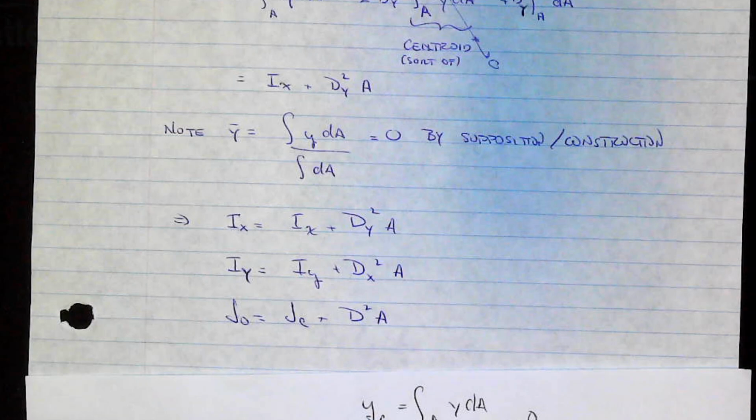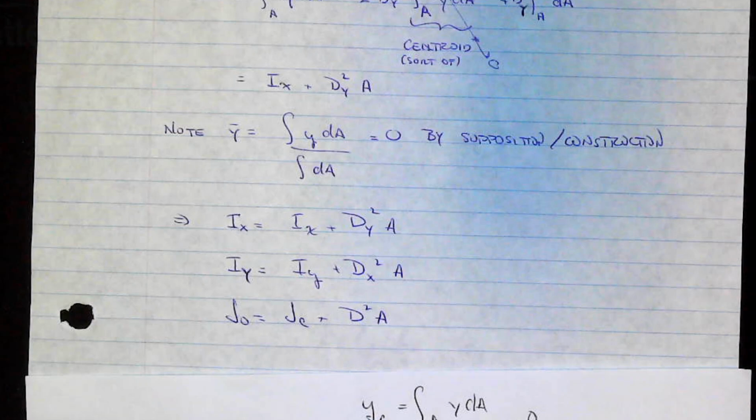All right. So moving forward, we can also define a polar moment of inertia for area, which we'll call J0, and that simply is to compute the area moment of inertia relative to the origin. So that corresponds to that distance here, which is simply the square root of x squared plus y squared.